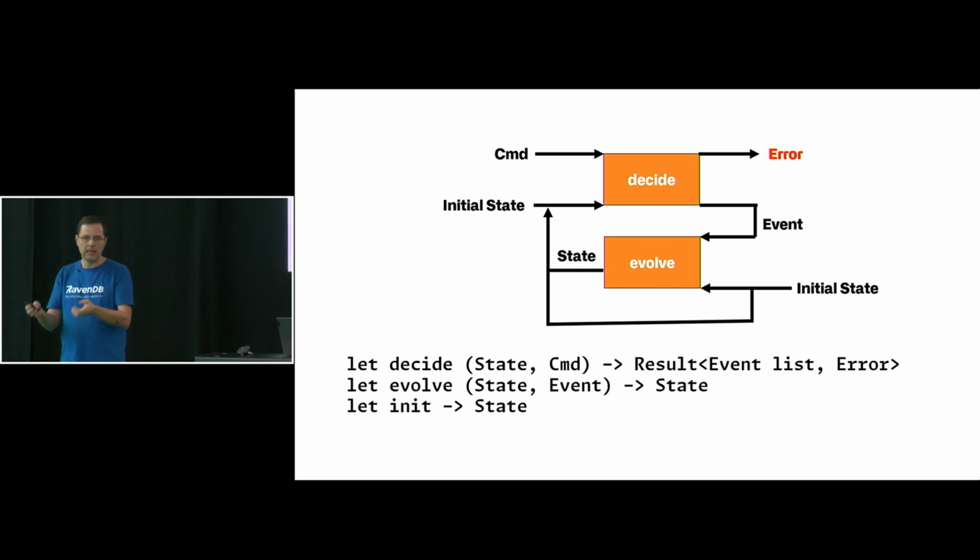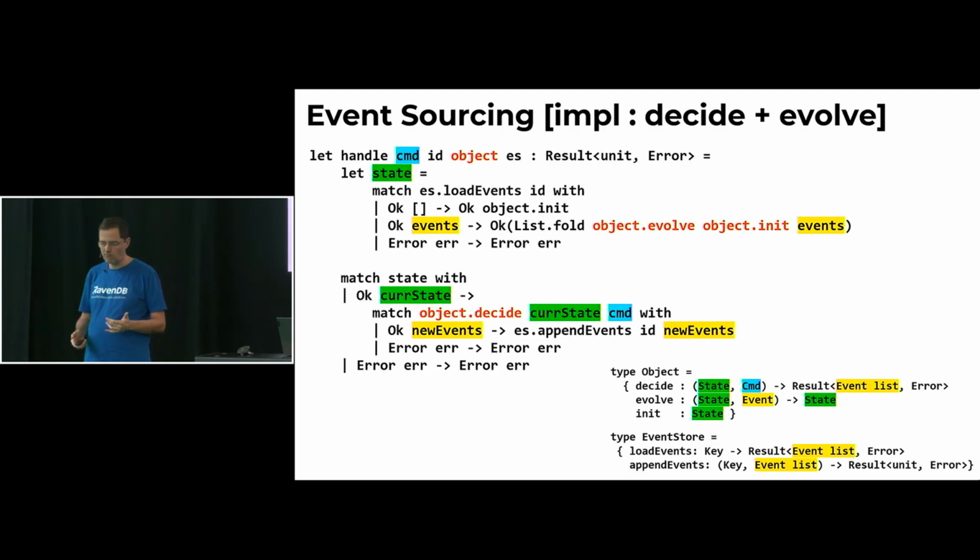I have the evolve function, which is evolving the old state, based on the events, into the new state. And of course, again, I have the init function, which is producing the initial state. And now, again, if I use these three functions and the model of the event store with load events and append events, I can express event sourcing in this abstract way.